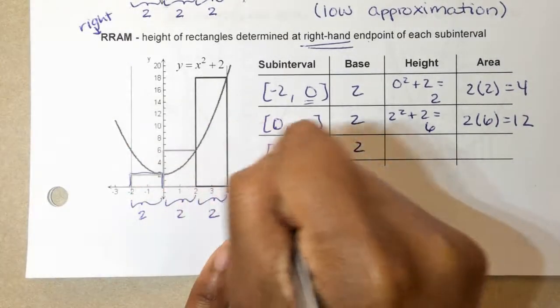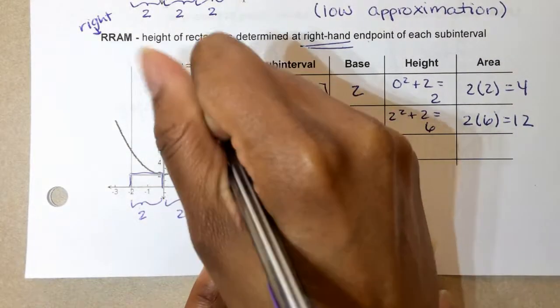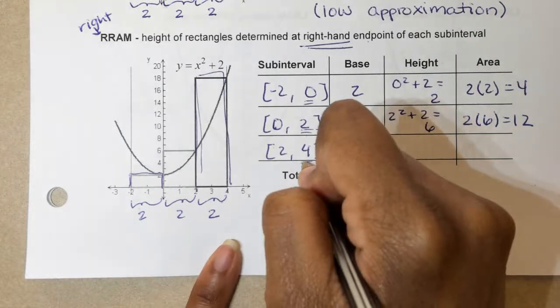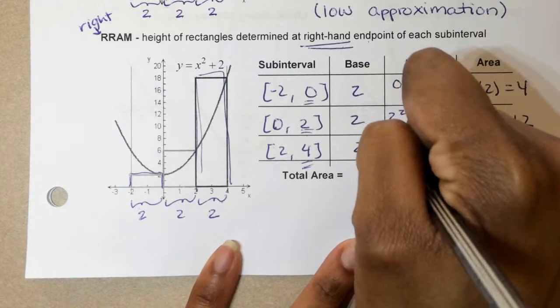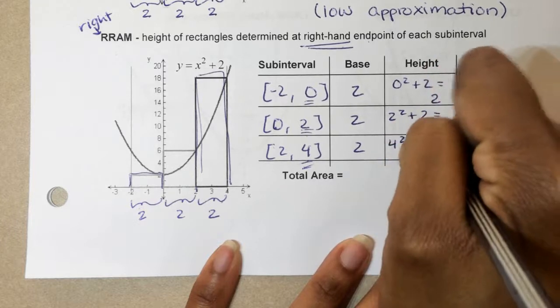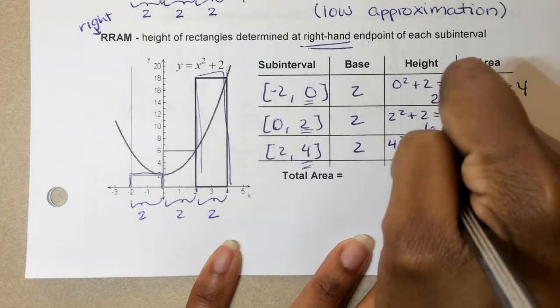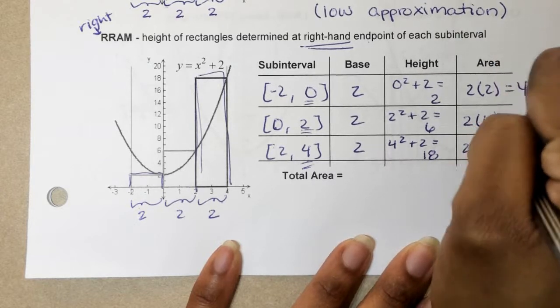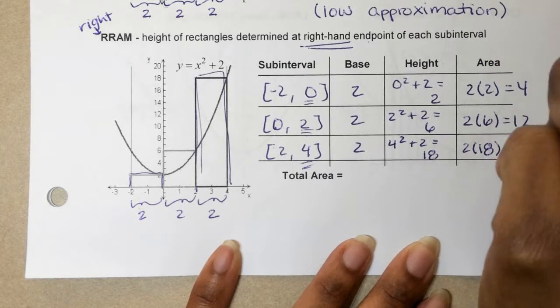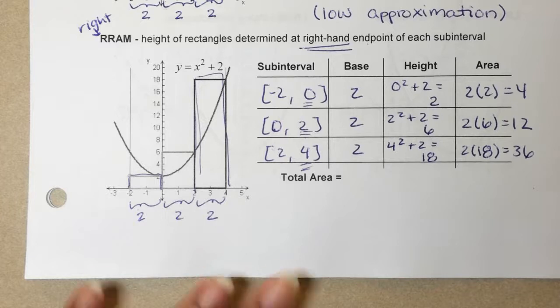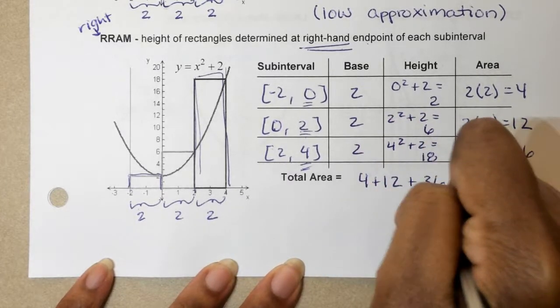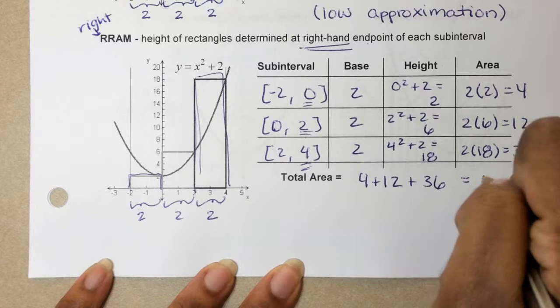And our last rectangle, this big one here, that right endpoint is 4, so we'll do 4 squared plus 2, which equals 18. So we have 2 times 18, which equals 36. So our total area is 4 plus 12 plus 36, which equals 52.